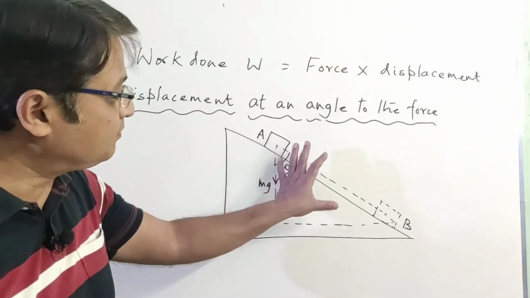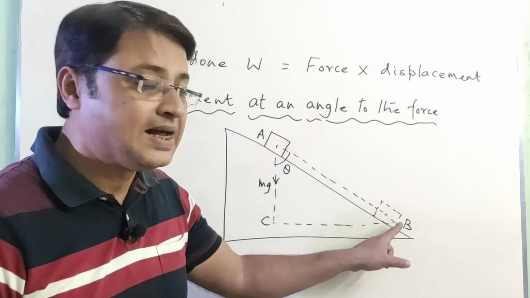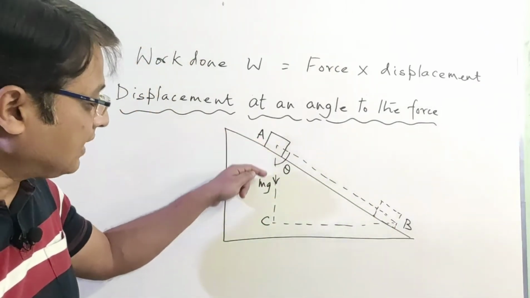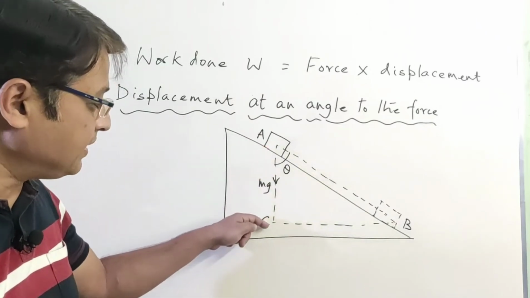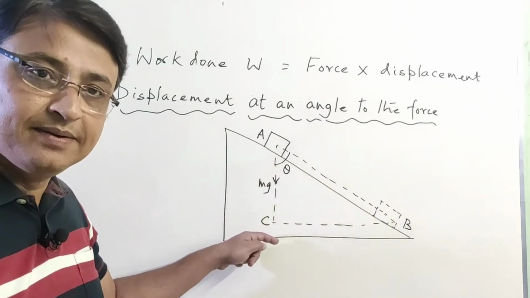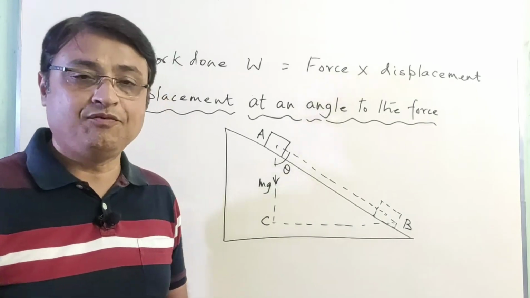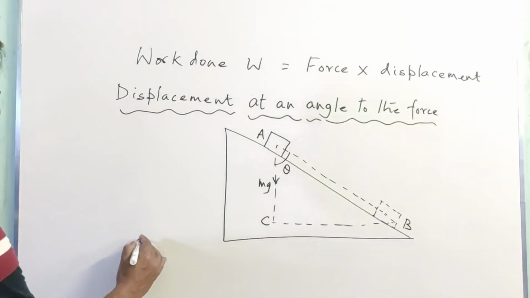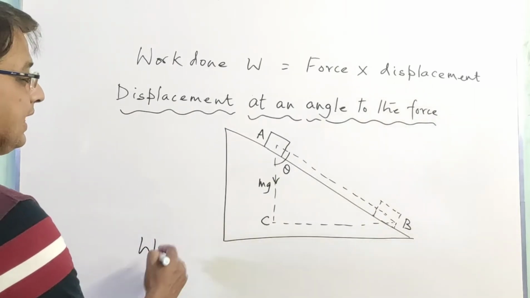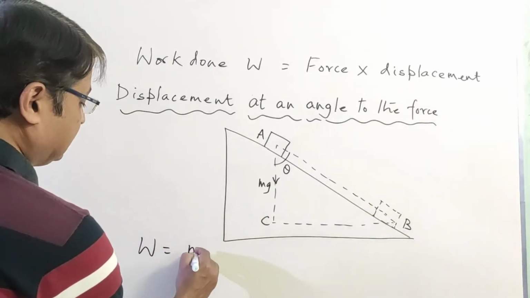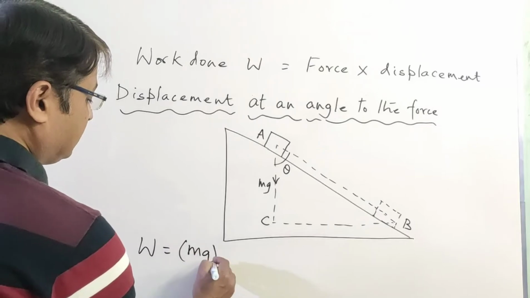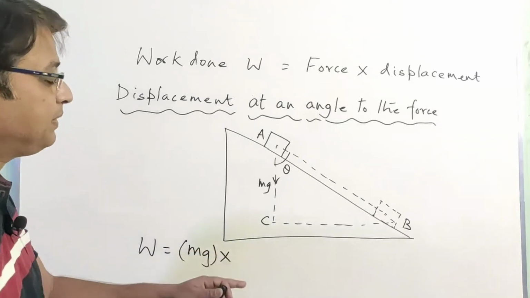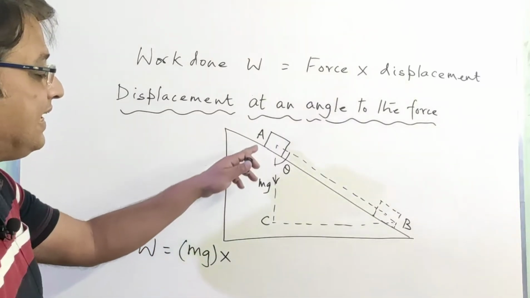The displacement of the object is AB, but in the vertical direction the displacement is AC. From the same formula of work done, force into displacement, we can calculate W equals the force, that is mg, and the displacement of the object, that is AC.